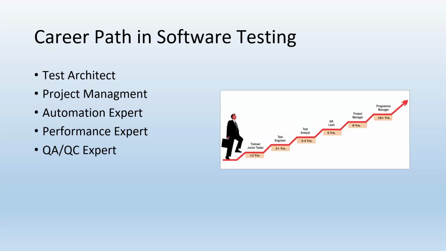Then at around 5 or 6 years, people generally become QA leads of a particular type of testing. Maybe you are the QA lead of manual testing, because you are an expert in manual testing.